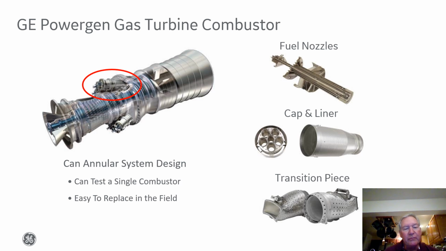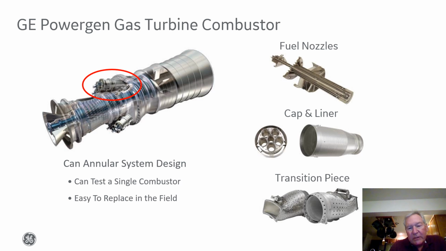There's a couple of features in a can-annular approach versus, say, an annular approach that make it attractive. One is that we can actually test a single combustion chamber in our laboratory. The other thing that makes this type of configuration attractive is that it's easy to replace in the field.